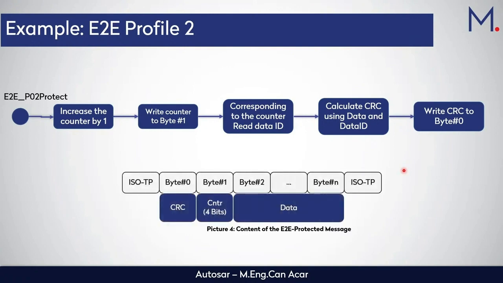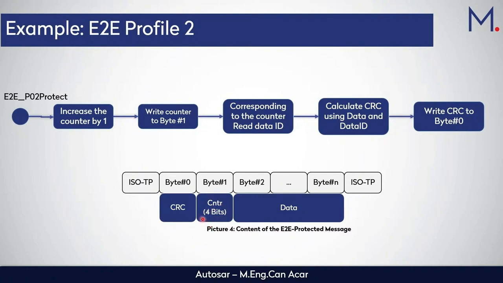So you can see the structure of the transmitted or received data. Basically, this is the data we have. We need to send this or we need to receive this. And if this message is safety critical, then we need to see a 1 byte CRC and a 4 bit counter, so that we are able to detect if this data is corrupted or not, or if the counter shows us correct information.